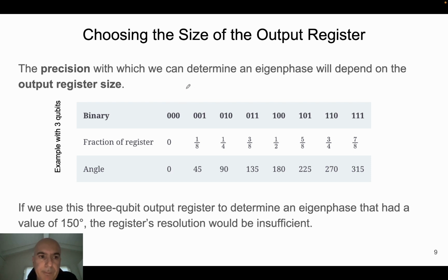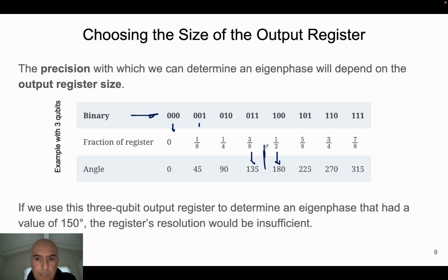If we have 3 qubits, then we can represent 8 states, and then we have here the representation in binary, and then the representation of a different fraction and the corresponding angle for the eigenphase. So in this case, for instance, if we use 3 qubits, we see that the 150 is not actually represented, right?